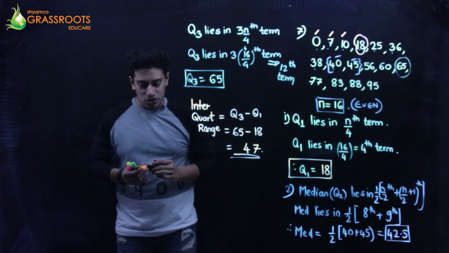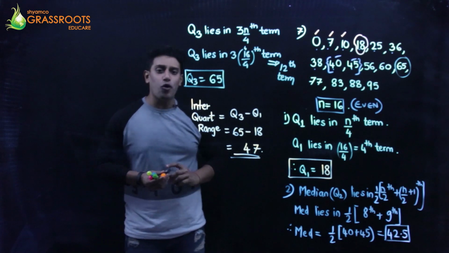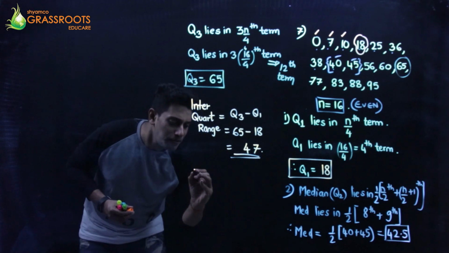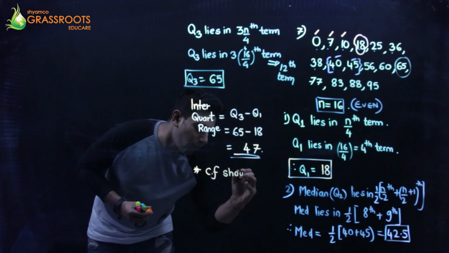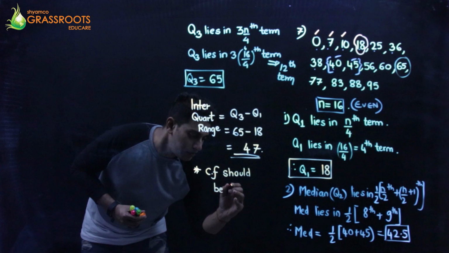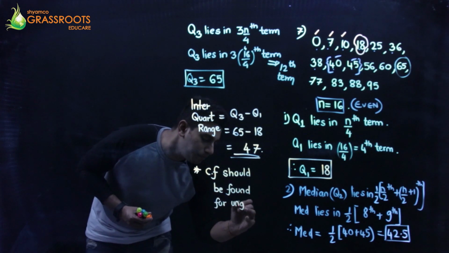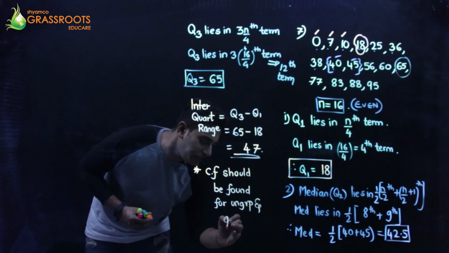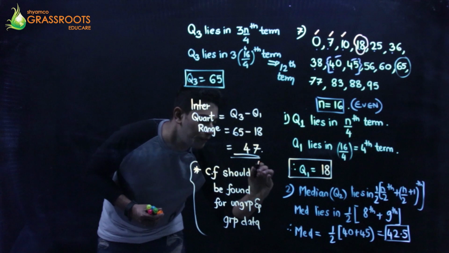Talking about the 8th question. It's a question on ungrouped data. For ungrouped data, remember, cumulative frequency should be found out. It should be found for ungrouped and grouped data, both. So we need to find out the cumulative frequency.